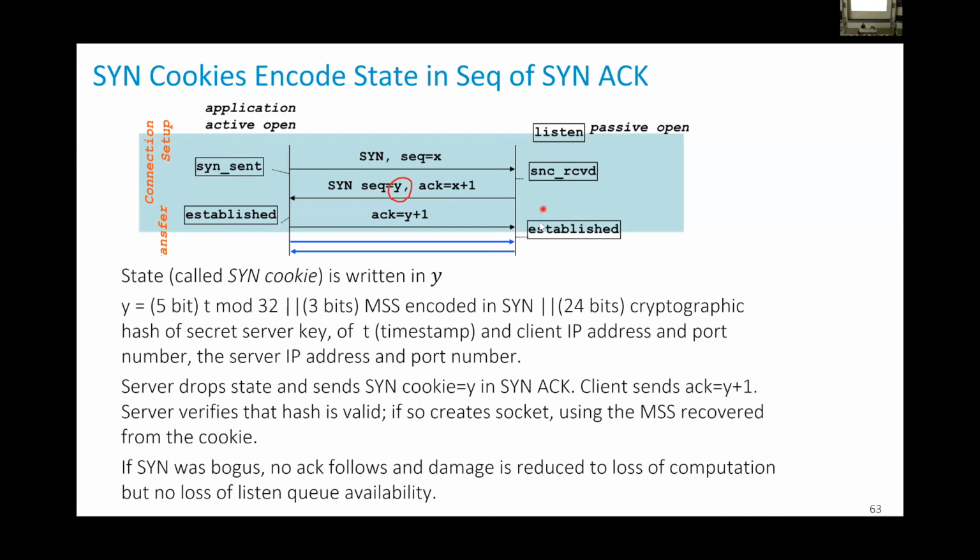So the server will decrement by 1 the ACK field, will verify that this corresponds to the secret that was hashed. And if that happens, then the server can only now create the socket, which means that the server will commit the resources associated with this TCP connection only when the ACK here is received by the server.